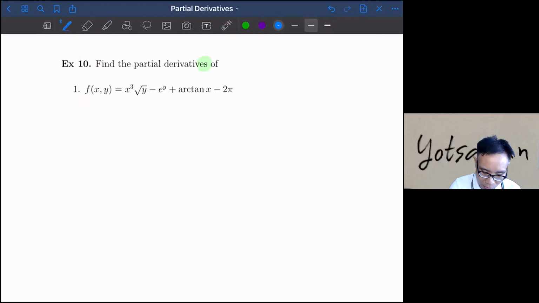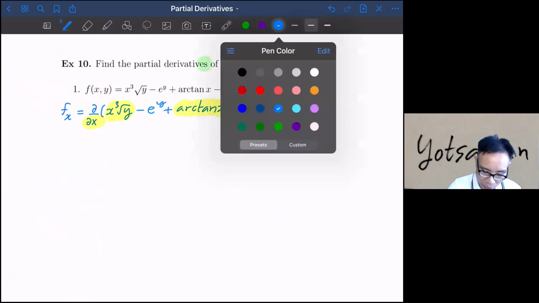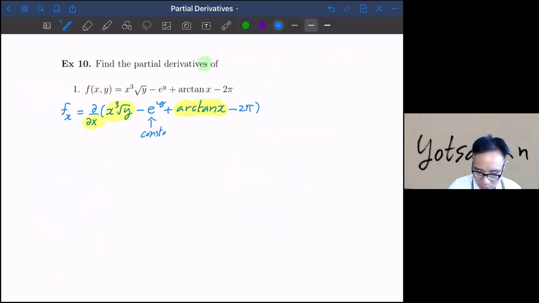So you're going to find fx, the derivative with respect to x of the whole thing, root y e to the y plus tan x minus 2 pi. You have a function in terms of x; this one is the first thing, this one is the second thing, and you're going to identify that this guy is constant and 2 pi is also constant.